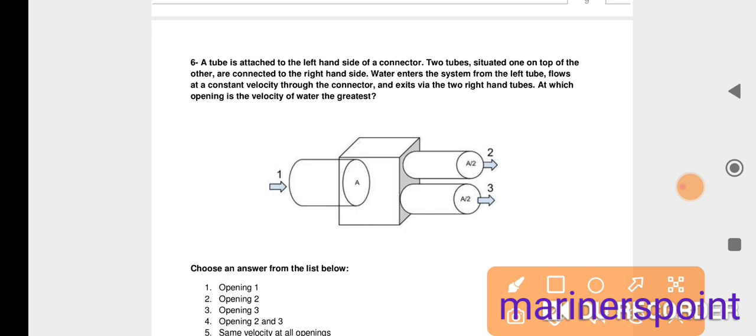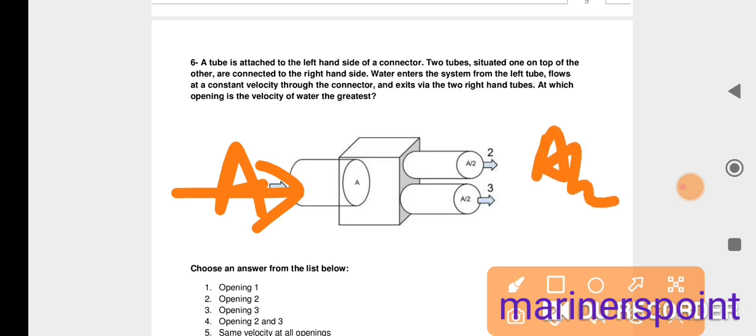So you have to understand the flow rate from this area A, and now the area is distributed equally, A by 2 and A by 2. Then the velocity of water will be the same at every point, because the same water is coming and the same water is going. Only the cross sectional area differs, but the flow rate is the same throughout the entire connector.